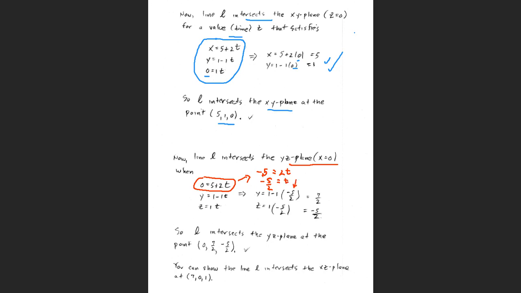That gets substituted in the other two parametric equations, and that gives us our y and z coordinates. So the line L intersects the YZ plane at the point 0, 7 halves, negative 5 halves.